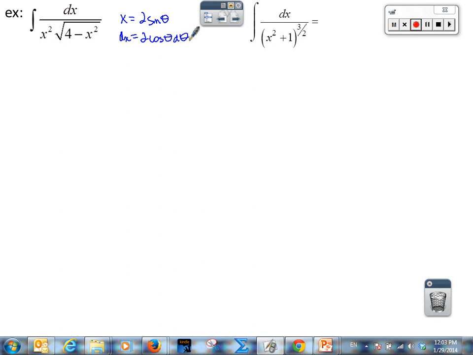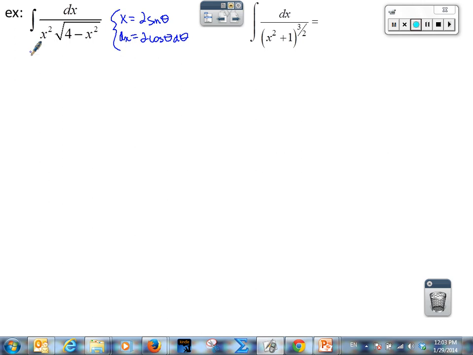And that's my first step. At this point, I'm going to substitute these in everywhere in here. All the x's are going to have to disappear. The dx is going to go away, the x squared, everything has got to be replaced with this combo over here.